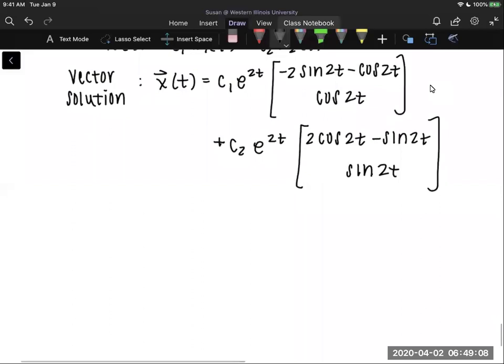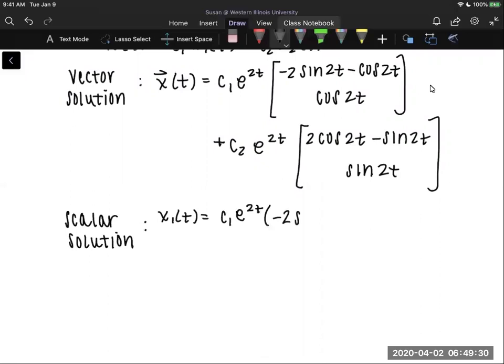And then we can also write the scalar solution, which is just going across the top and bottom. So the top row gives us x1 without the vector bar. That's going to be C1 e to the 2t times the quantity negative 2 sine 2t minus cosine 2t, and then plus C2 e to the 2t times the quantity 2 cosine 2t minus sine of 2t.